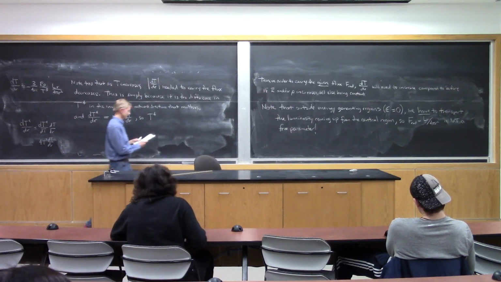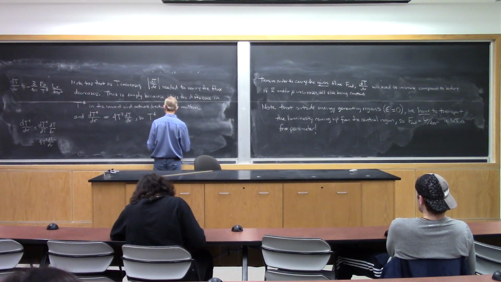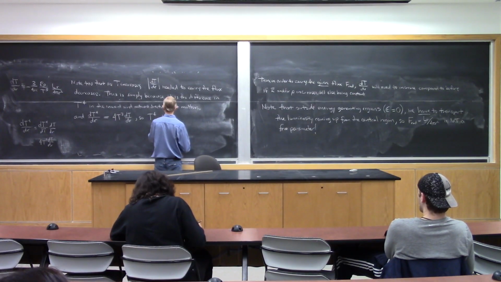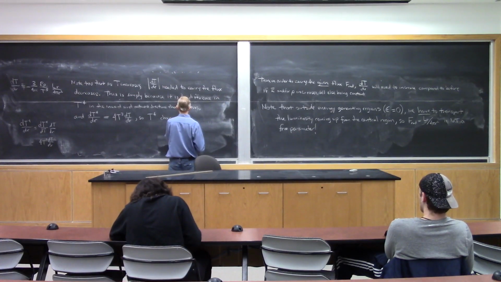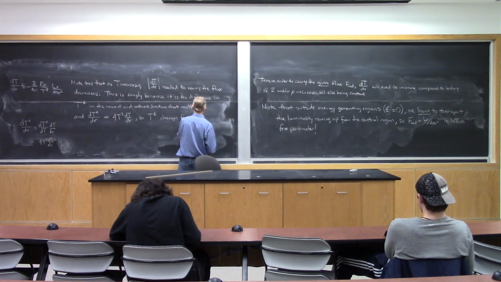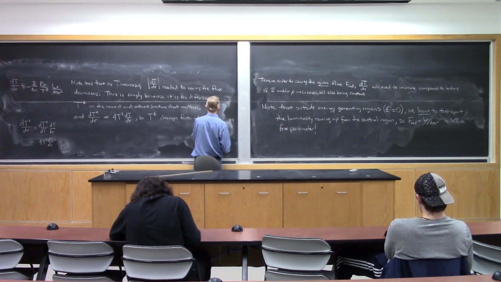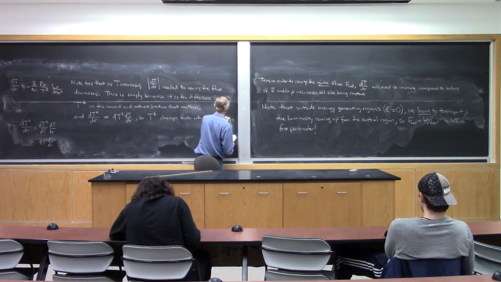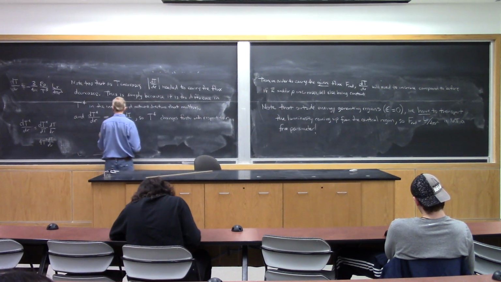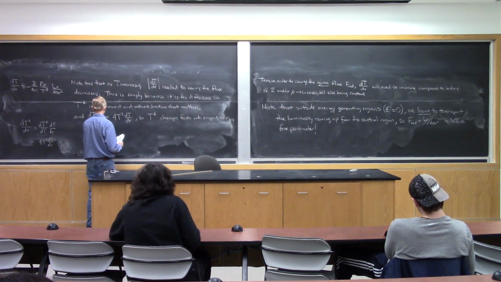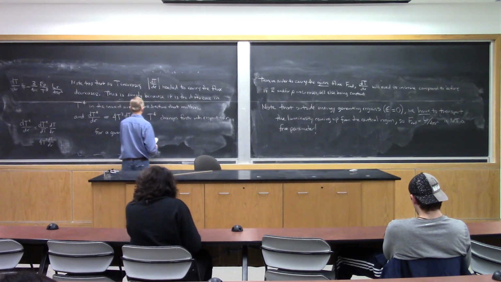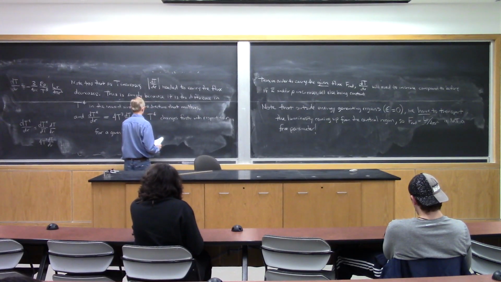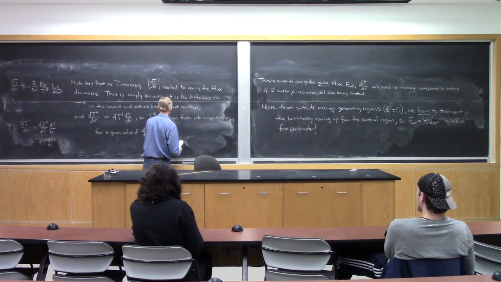So T to the 4th changes faster with respect to r for a given value of dT/dr as T increases.